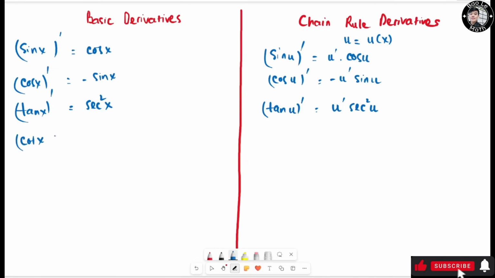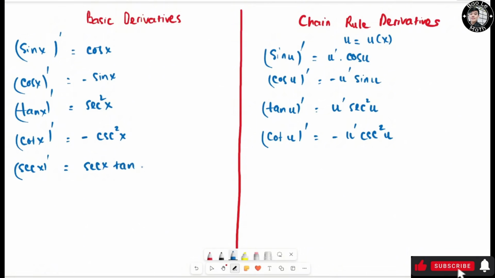The derivative of cotangent s is going to be negative cosecant squared of s. The derivative of cotangent of u is going to be negative u prime cosecant squared of u. The derivative of secant s is going to be secant s times tangent s.